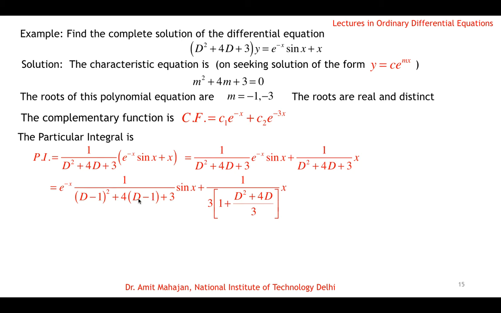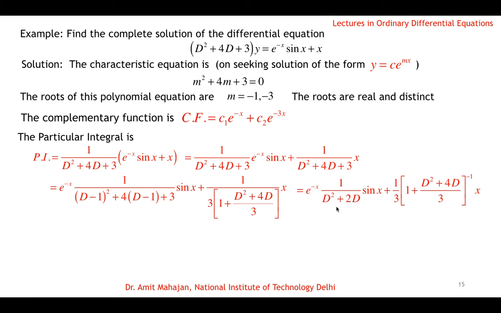First solve this denominator to write it in simpler form. It will be the exponential, this is D² minus 2D plus 4D which is 2D, plus 1 plus 3, 4 minus 4, so no constant term here, and 1 by 3 goes to the numerator.